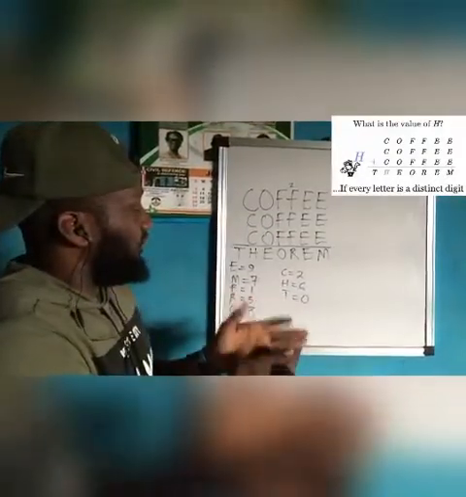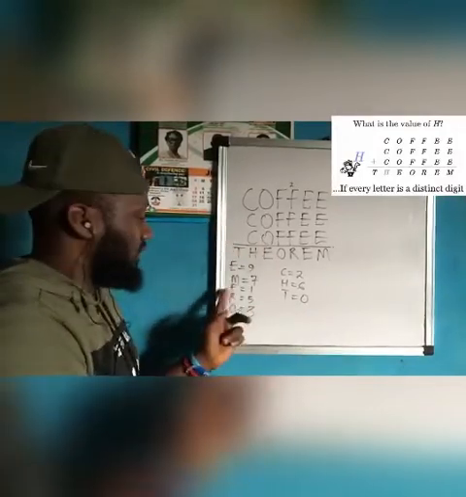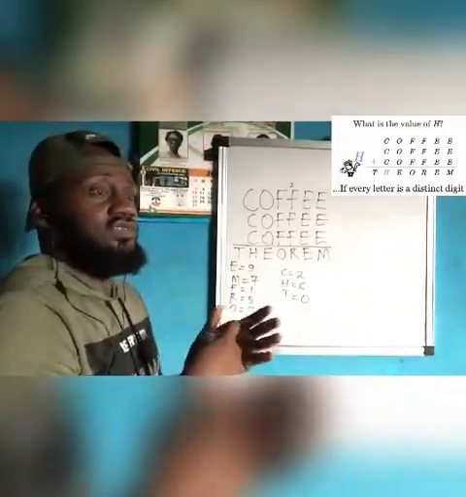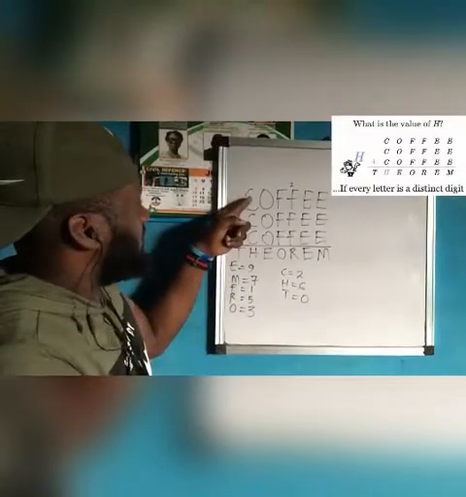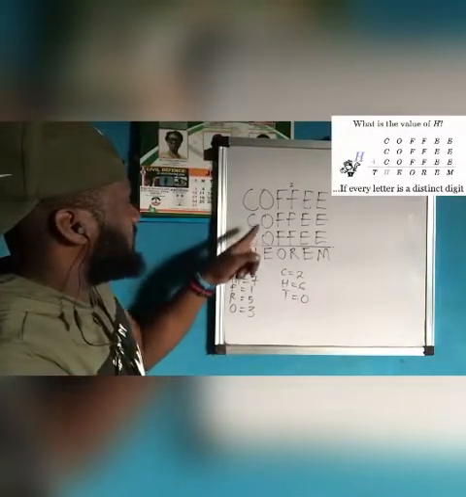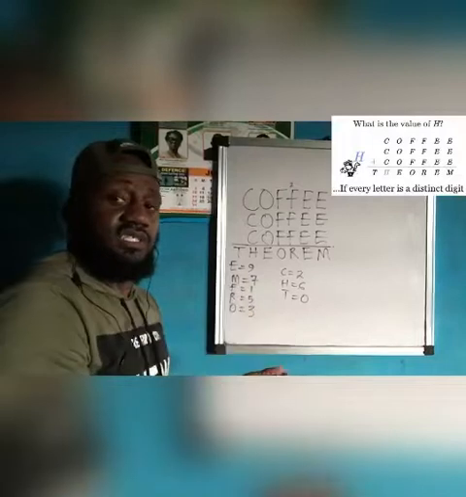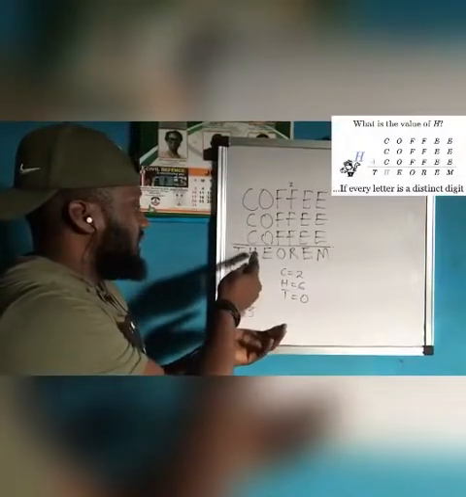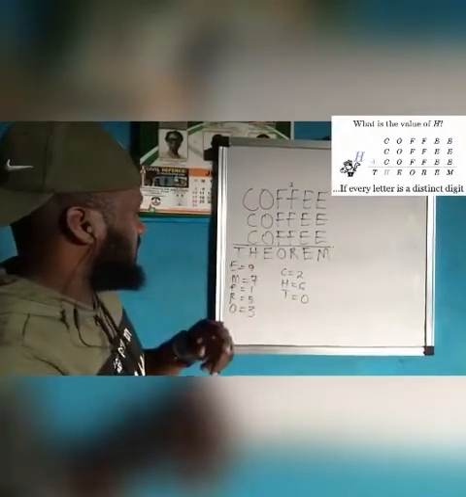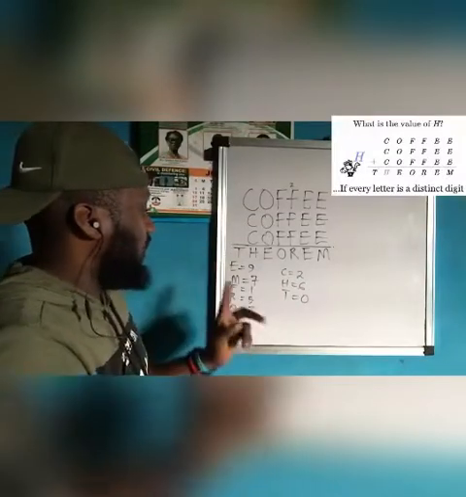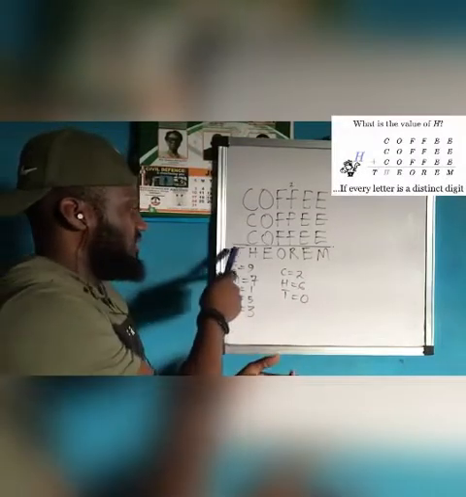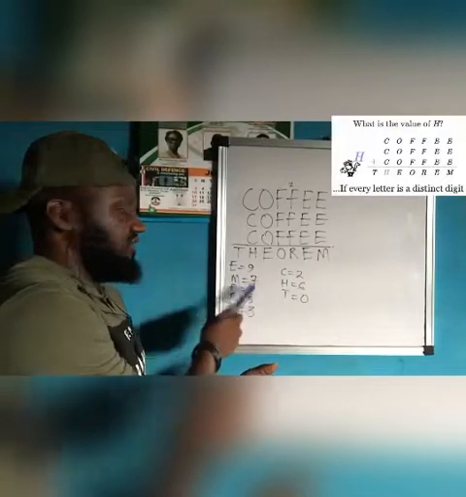C being 4 didn't work because T will have to be 1 and 1 is already F. So try 6. If C is 6, then 6 plus 6 plus 6 will give us 18, meaning that H is 8 and T is 1, but T can't be 1 because F is already 1.